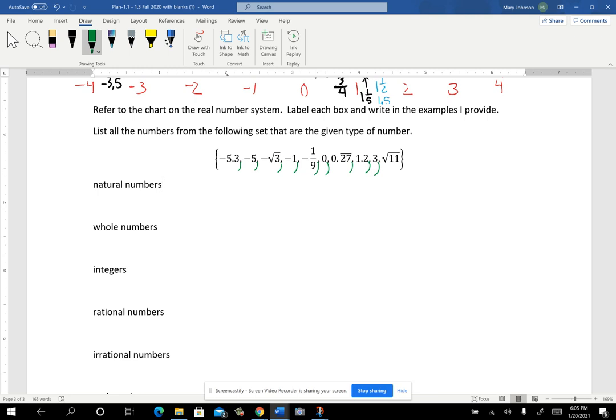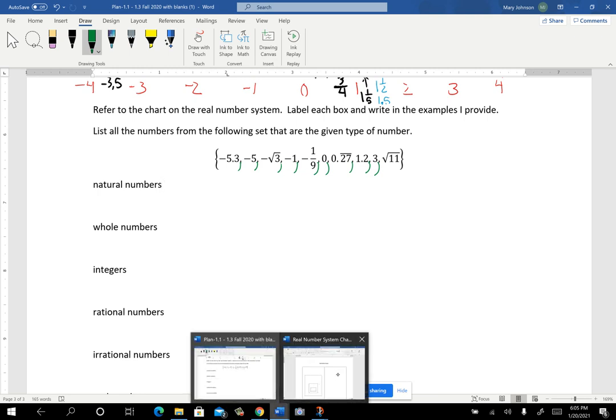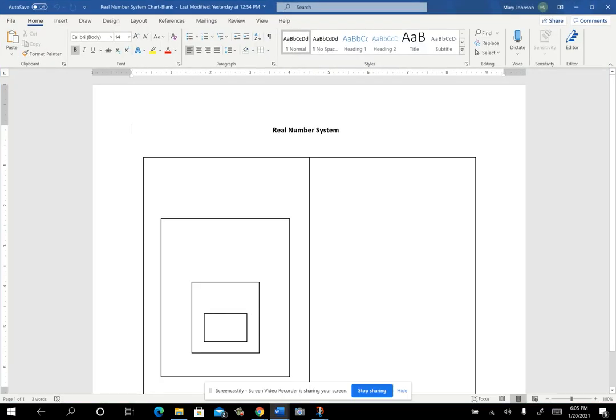Okay, so let me pull up a real number system chart, and we're going to put some labels on that. Okay, so first off, real numbers are composed of the rational numbers together with the irrational numbers.